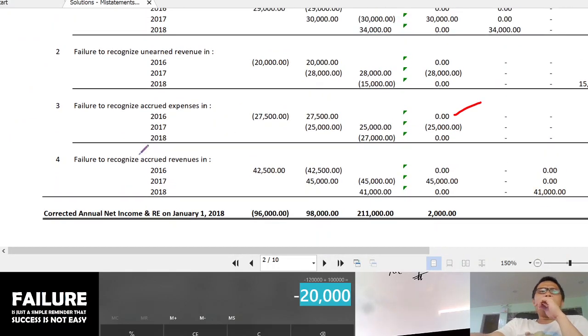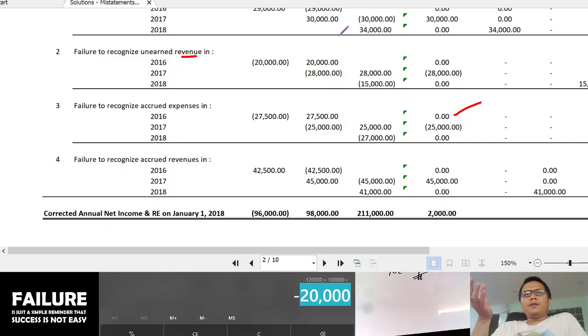Next error. Failure to recognize accrued revenue. If we fail to recognize accrued revenue, this is the opposite of unearned. With unearned, you received cash but it should not yet be revenue, that is why you should recognize a liability for that unearned revenue.